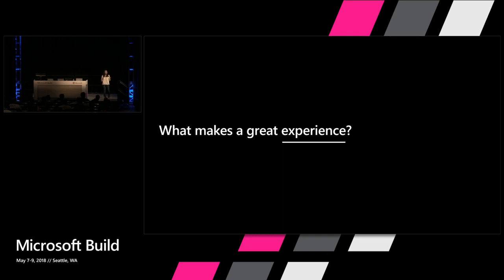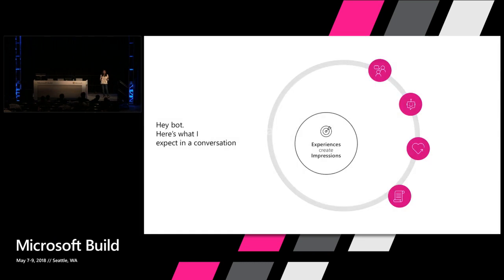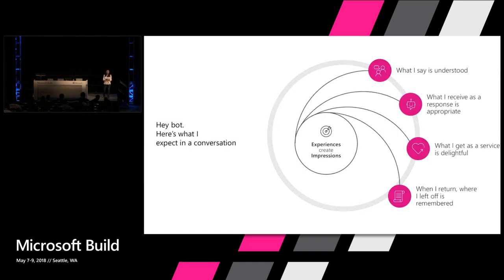We talked about how a great bot will provide a great user experience. Then what makes that experience? In the last 2 years, we've seen a lot of developers building bots and a lot of users using bots. One of the common mismatches we see is between what developers think users expect and what users actually expect. So it's very important when you start planning a bot to think from the user's perspective.